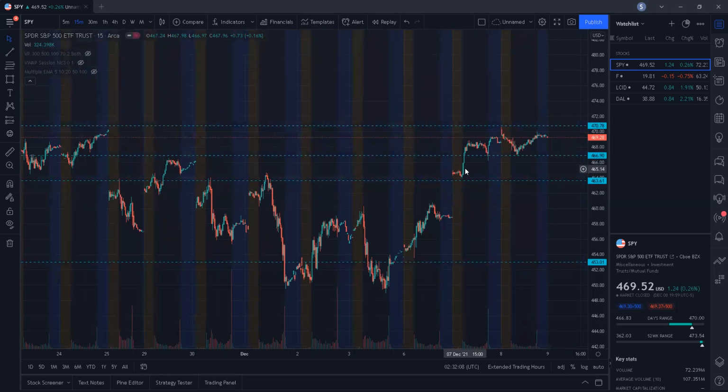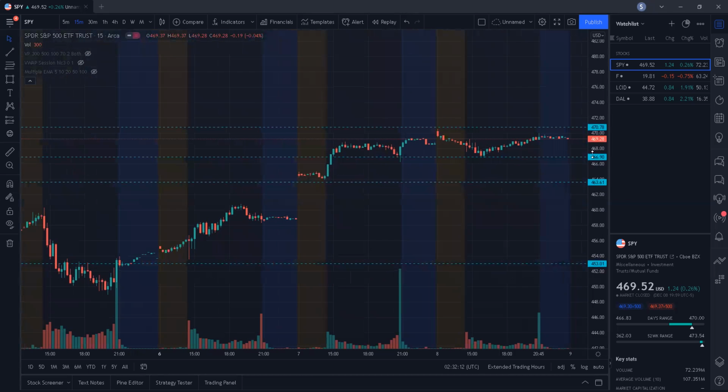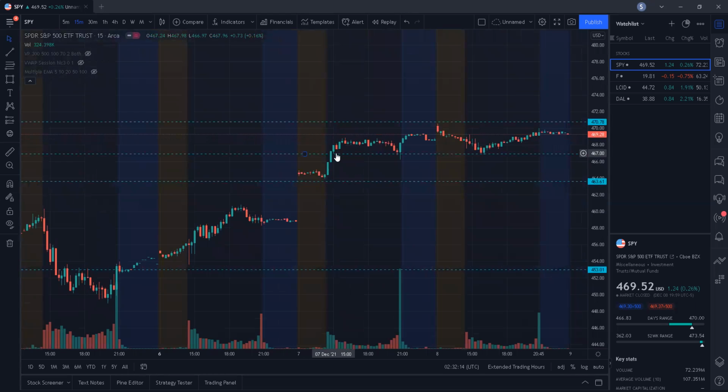But say I'm looking to go long on SPY. Maybe my entry is this level right here. Maybe I decide that a break above 466.82 and I'll go long. Now, obviously, this is not the best entry because we don't get much gain out of this. But at the end of the day, profit is profit. But that's beside the point.